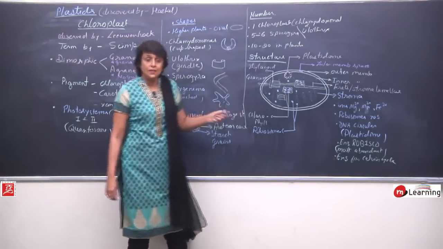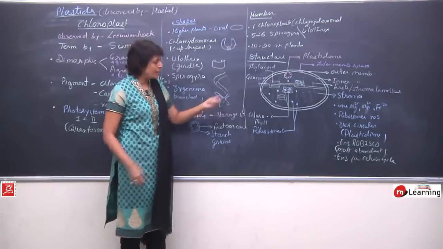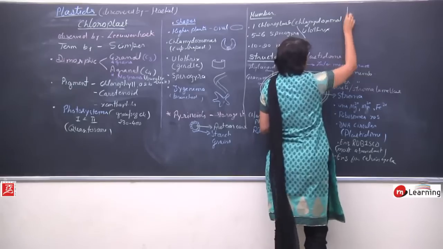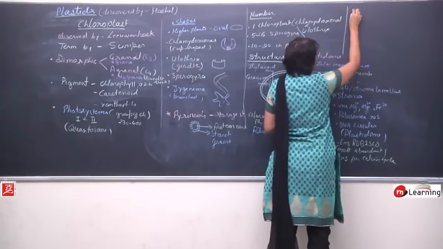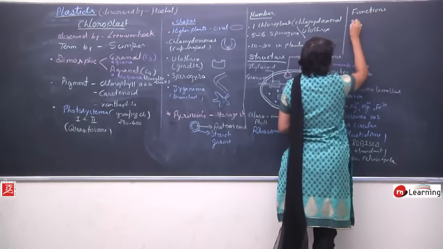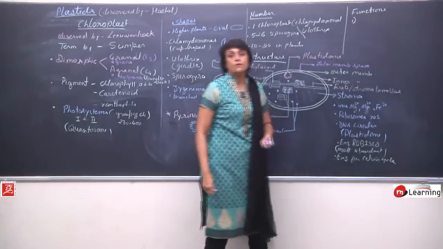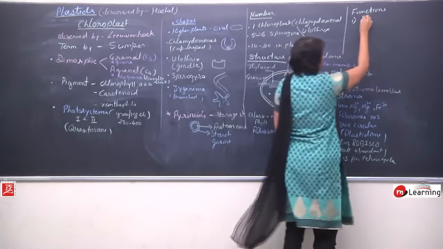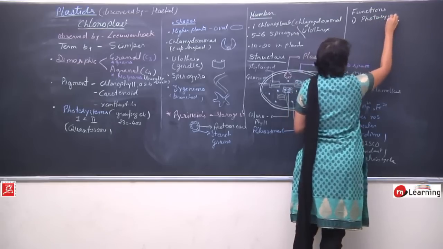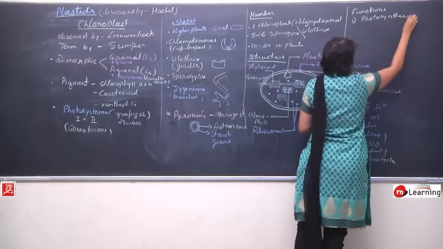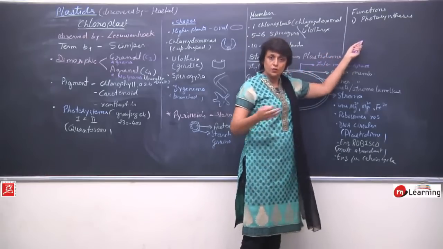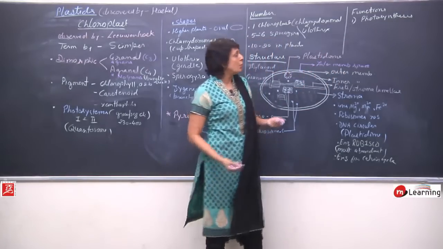Coming to the functions of chloroplast, one very, very important function for which it is given so much significance is that it helps in photosynthesis. Now we can elaborate this photosynthesis into many points. What are those points?